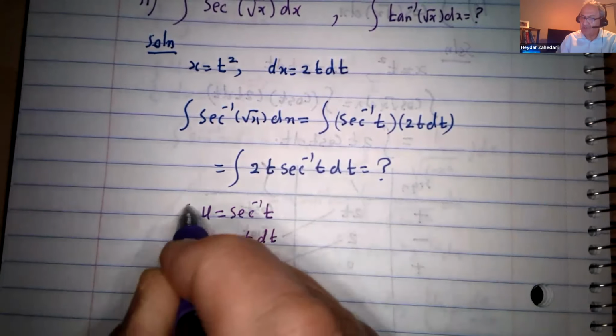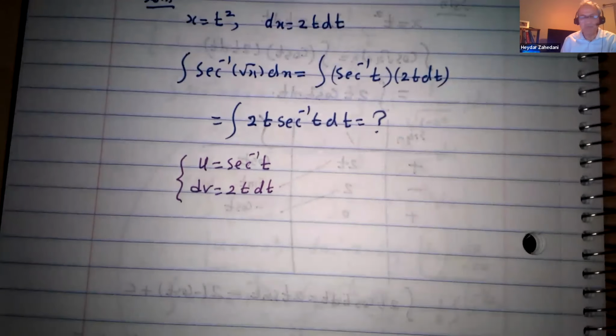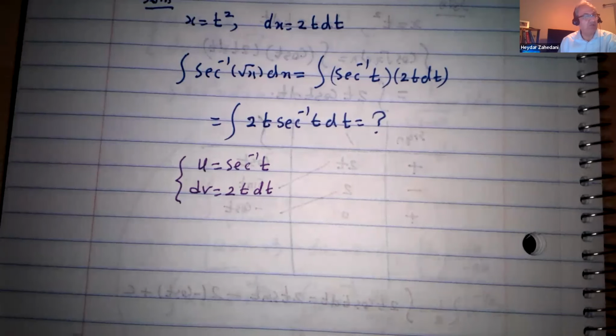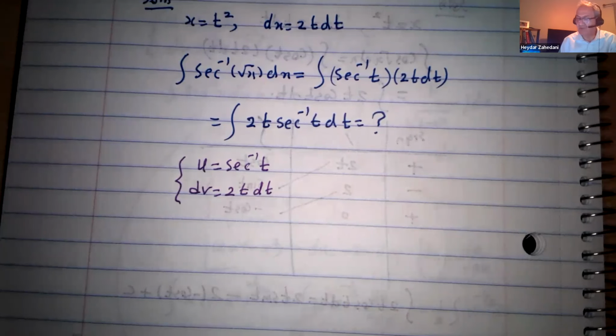It's important to make sure you get the proper parts. When you're dealing with an inverse function, u is always going to be that inverse function, because we know the derivative of the inverse function. We don't know the integral of those.